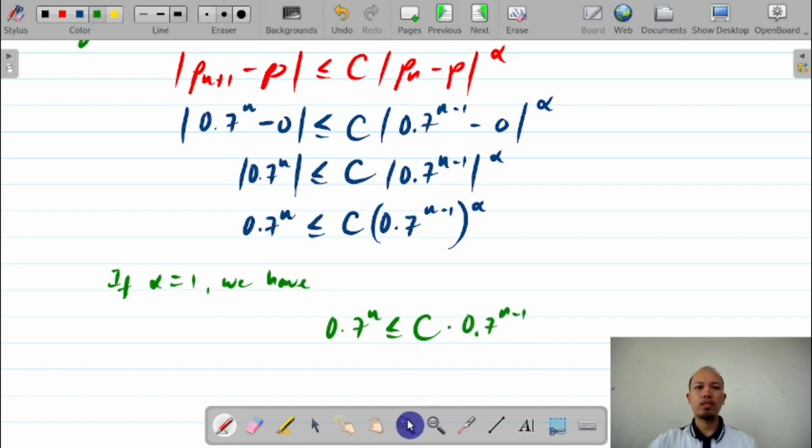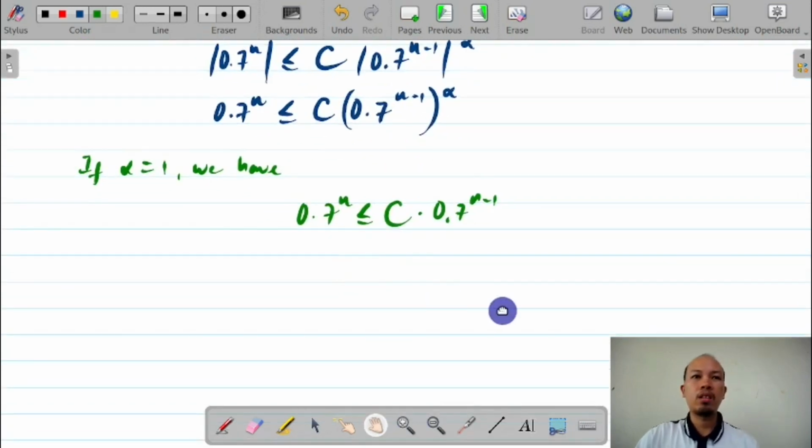And for n, let's try n is equal to 1. We have 0.7 less than c.